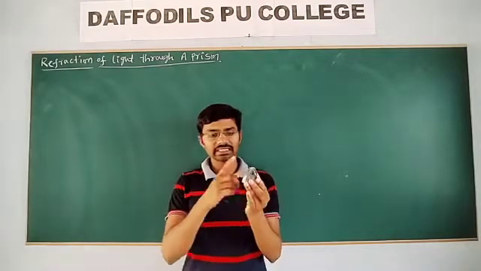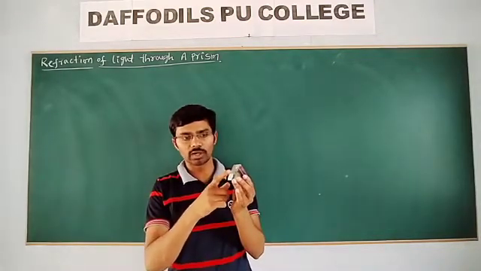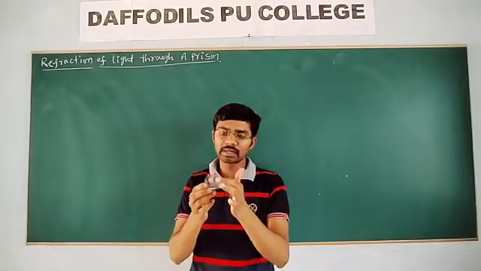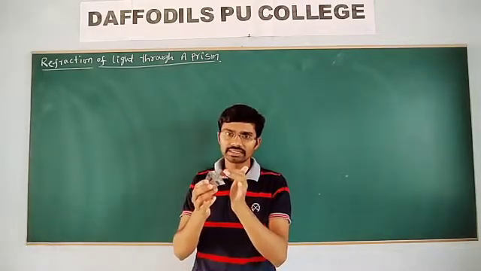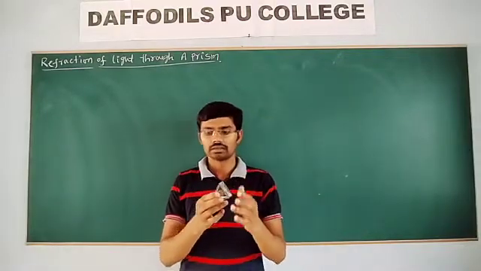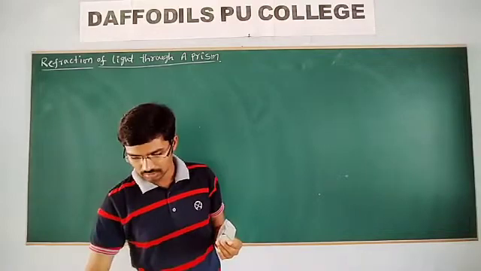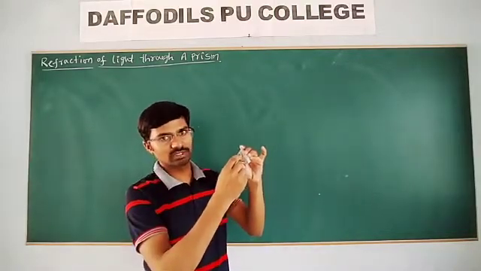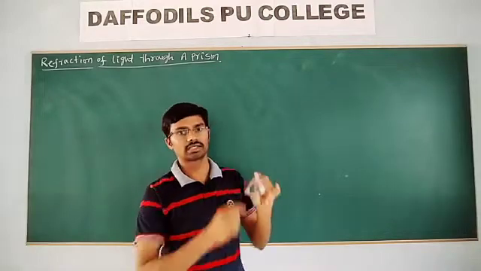The light ray which is incident on the first face of the prism we call the incident ray. The light ray which emerges from the second face of the prism we call the emergent ray. And the light ray which is passing inside the prism we call the refracted ray.